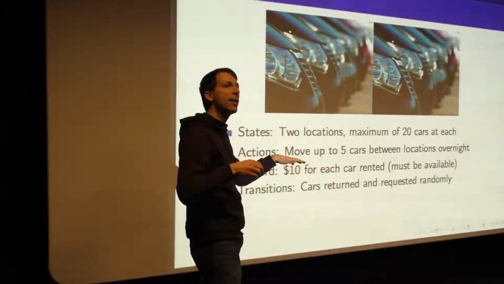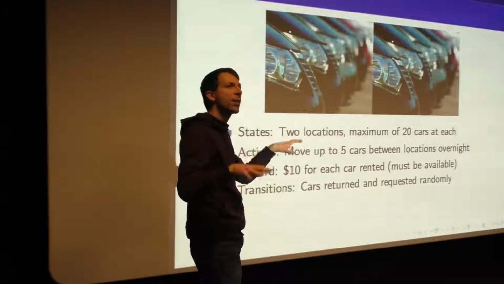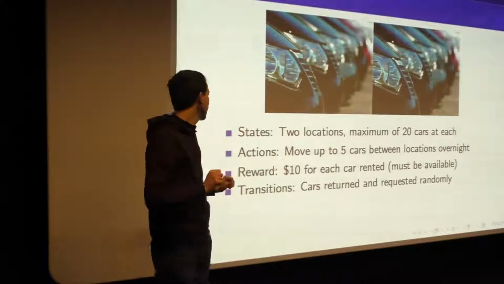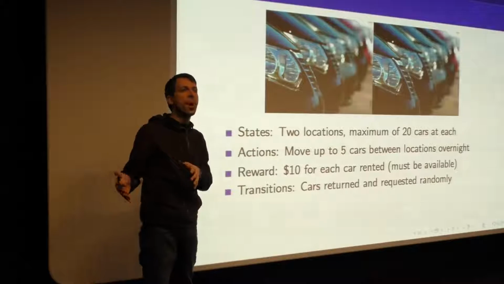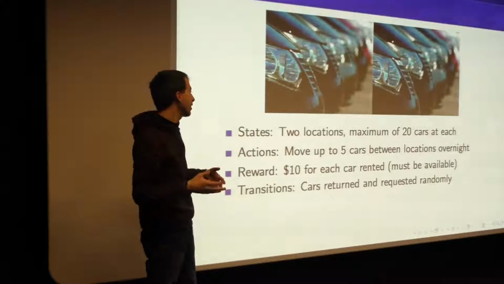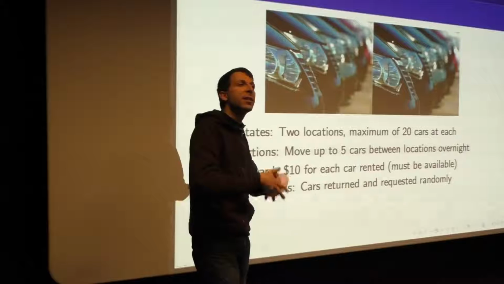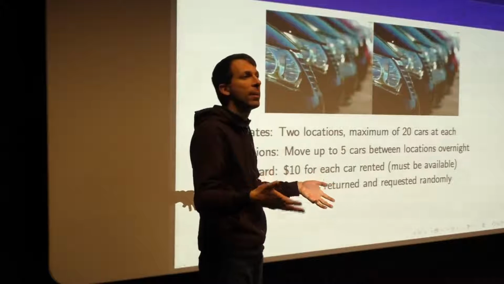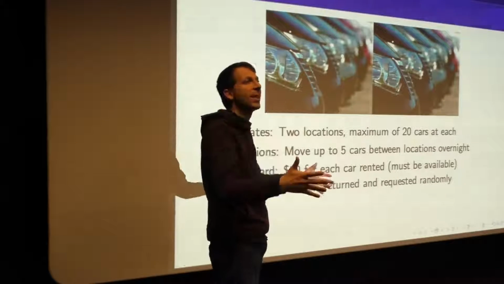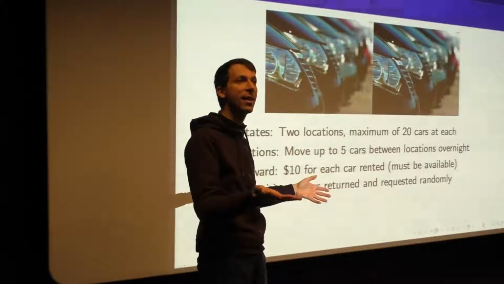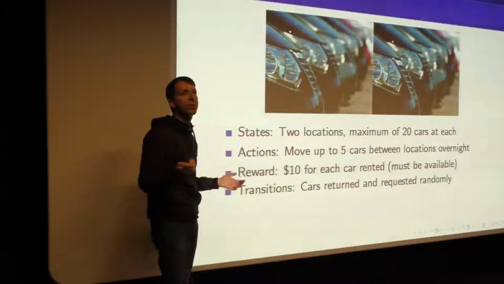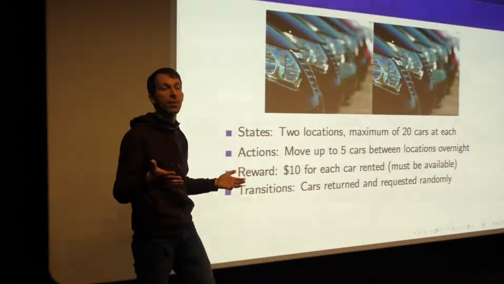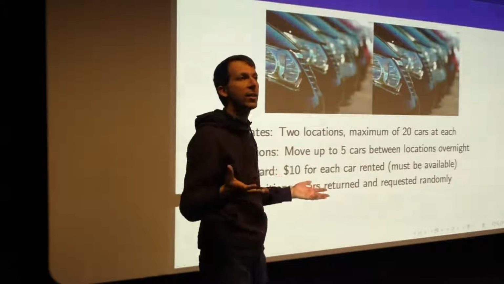But the rate at which they rent and return cars is different in the two locations. Every night you get to move some cars from one location to the other, and you need to do this in the optimal way so that when people try to rent a car, cars are available. You don't want to end up with an empty car park when a customer comes in, because you lose money. The question is, what's the optimal policy for shifting cars around so that you maximize your income?